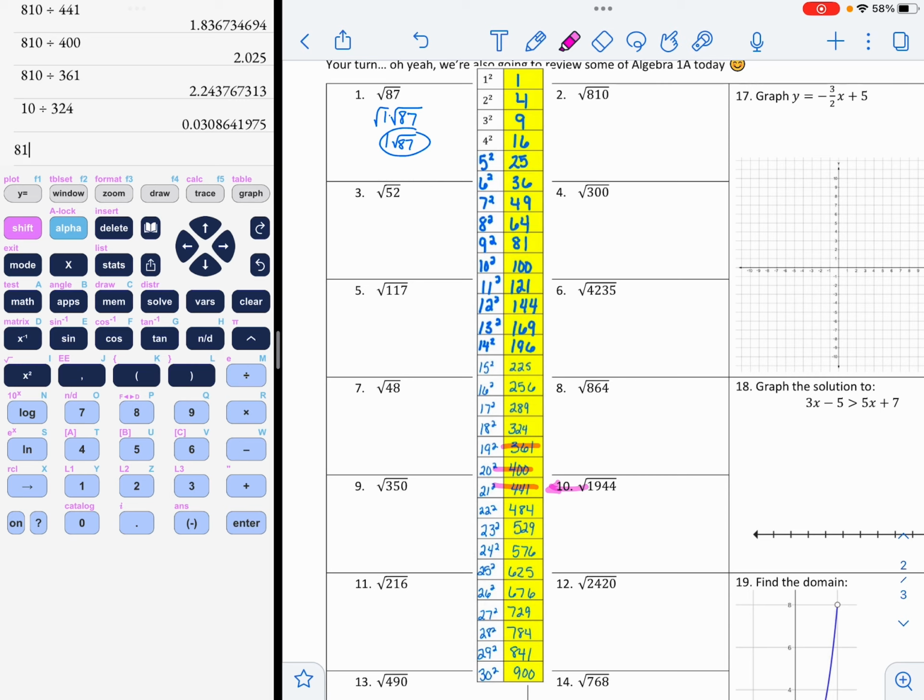And now I'll do 810, oops, that one didn't work today. 810 divided by 324. Closer though. 810 divided by 289.